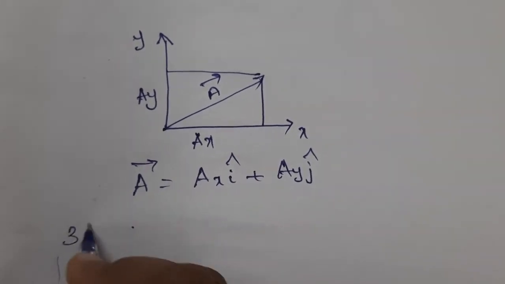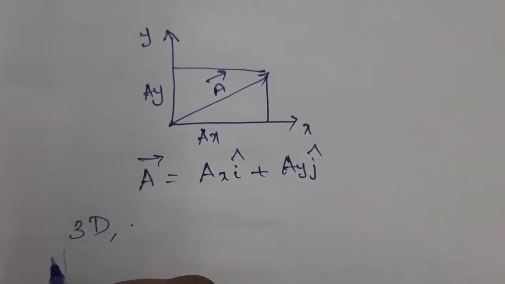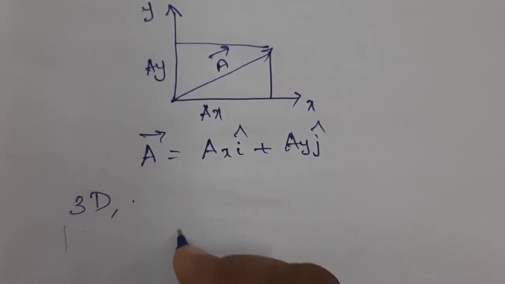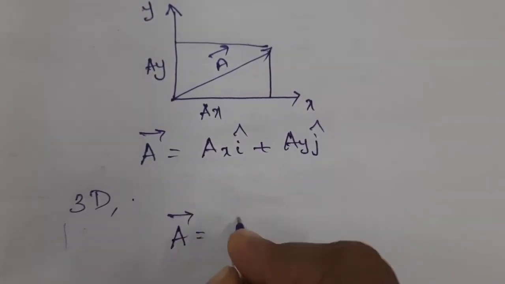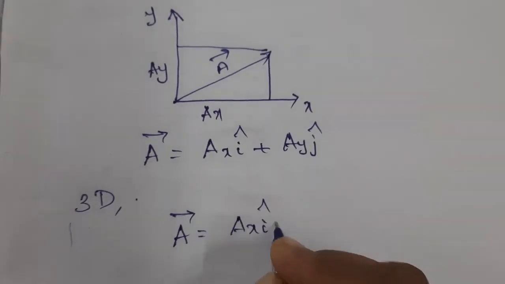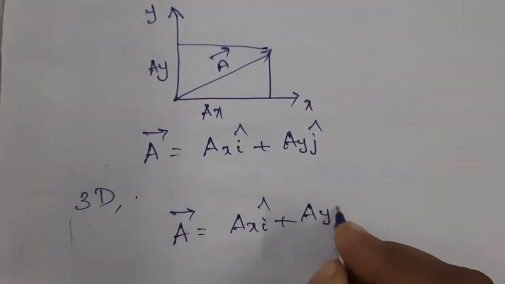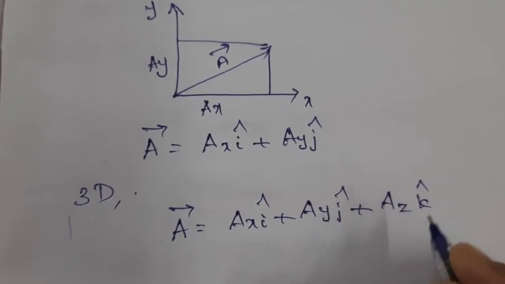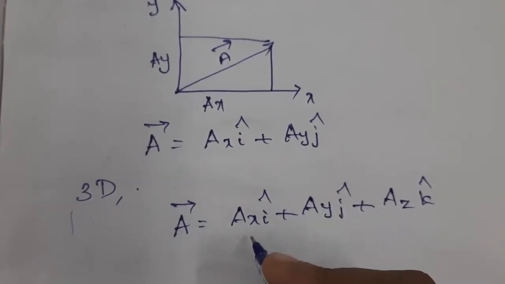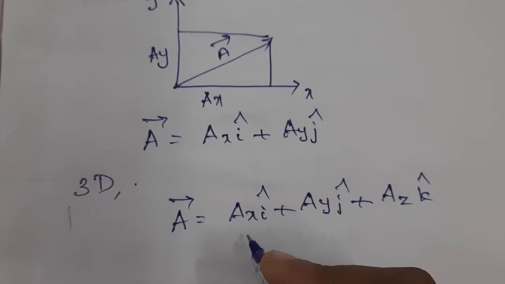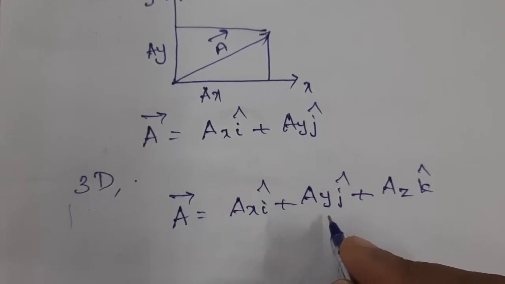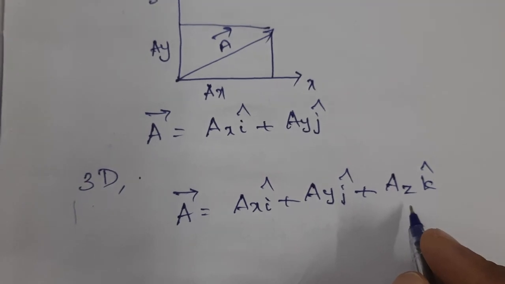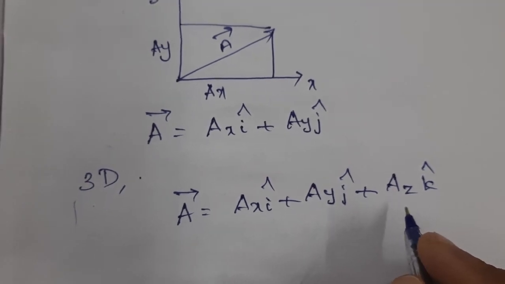In case of a three-dimensional coordinate system, we can write the A vector as Ax i cap plus Ay j cap plus Az k cap, where Ax is the x component of A vector, Ay is the y component of A vector, and Az is the z component of A vector.